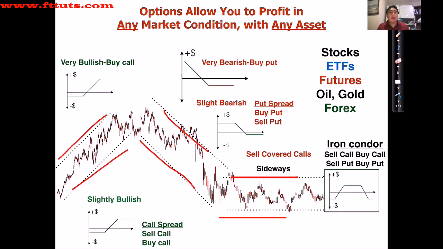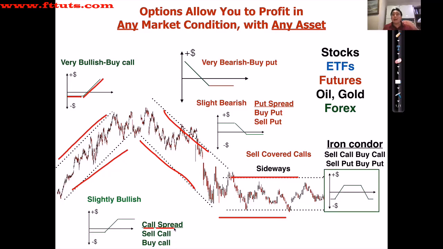So for example, when the market is very, very bullish, as you've learned so far, you can buy a call option. So with a call option, what happens? You've got limited risk and unlimited return. And with a small amount of capital, you can control a huge amount of stock or index or ETF. So it's really cost effective. Now, if you are slightly bullish, you think the market's going to go up, but to a certain target price, we're going to teach you a technique in the basic course known as buying a call spread.